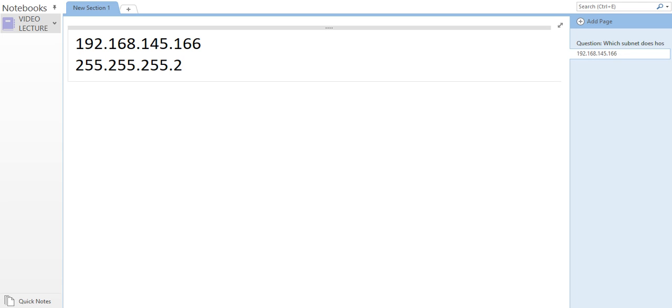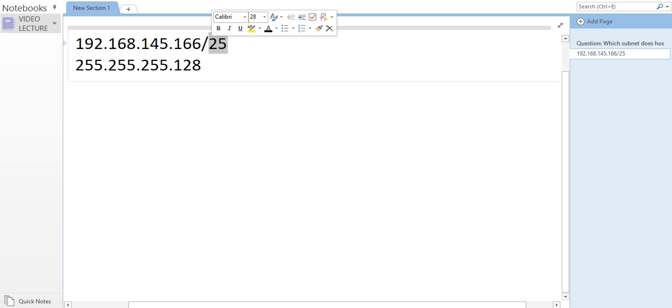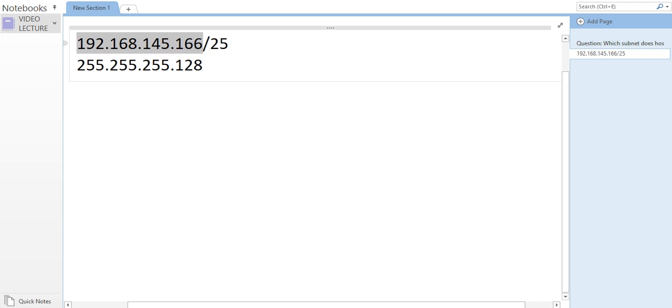You have to do this. Okay guys, this is very important that you know. You have to put this CIDR into a subnet mask for you to be able to do this. So the subnet mask of CIDR 25 is what you have to get under this particular IP address here. So it's very vital that you know.